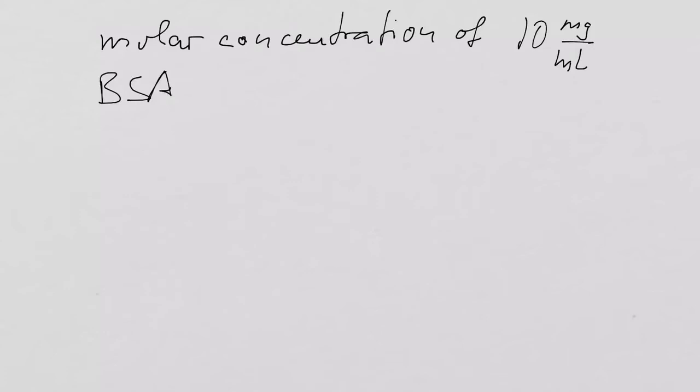And the relative molecular mass of BSA is 66,000. So we know it's 66,000. And here it's the relative molecular mass, which basically what we do in this case is we just simply add a gram per mole. Okay?